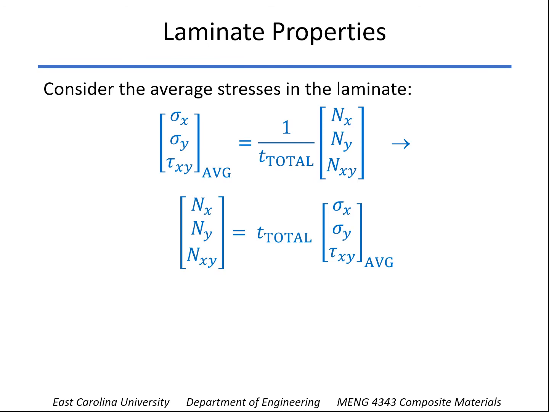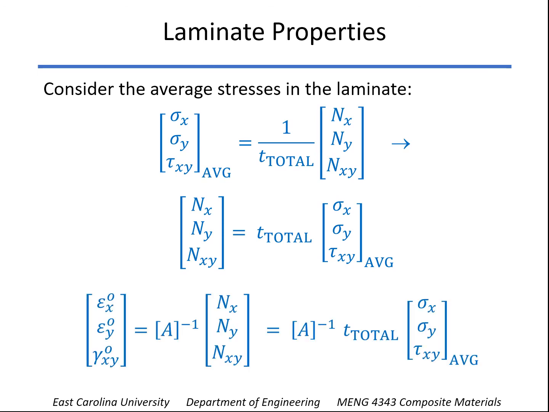We can rearrange that and say the stress resultants are the thickness times the average stresses. Also remember that the strains are equal to the inverse of the A matrix times the stress resultants. So you can also say it's equal to the inverse of the A matrix times the total thickness times the stresses, just like we have above.